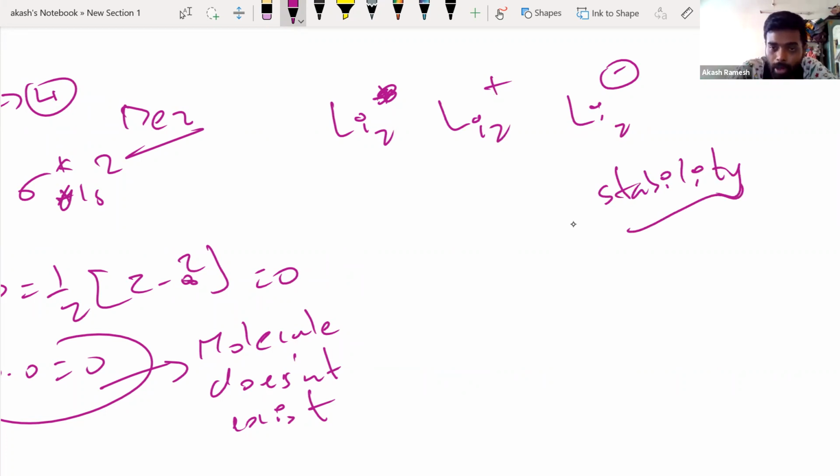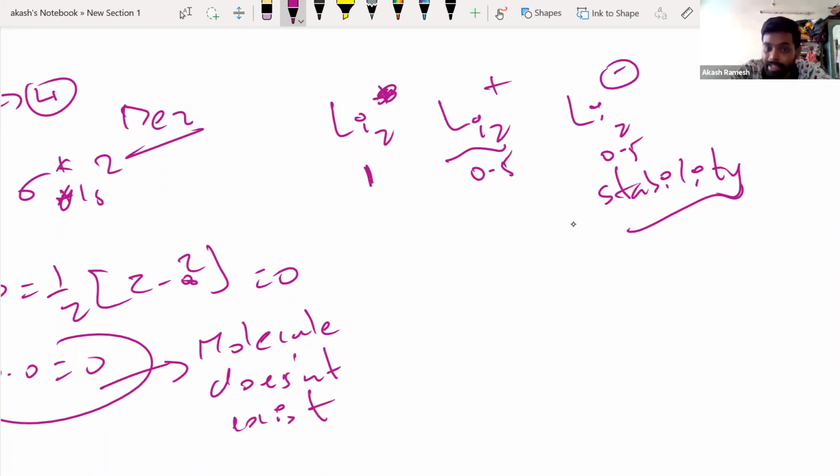Whichever has the higher bond order has higher stability. If you do your calculations, Li2 will have a bond order of 1, and Li2 1 plus and Li2 1 minus will both have a bond order of 0.5 and 0.5.